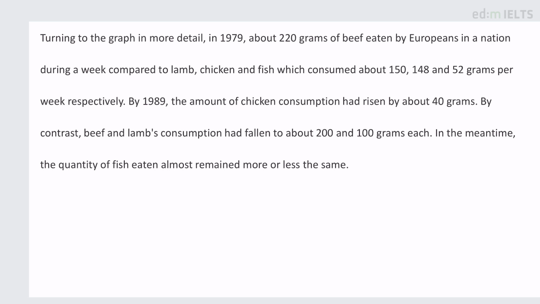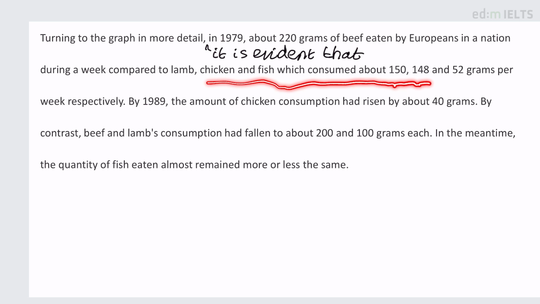turning to the graph in more detail, let's just add, it can be seen that, it's evident that, it can be observed that, it's evident that in 1979, about 220 grams of beef eaten by Europeans in a nation during a week compared to lamb, chicken and fish, which consumed about 150, 148 and 52 grams per week respectively.